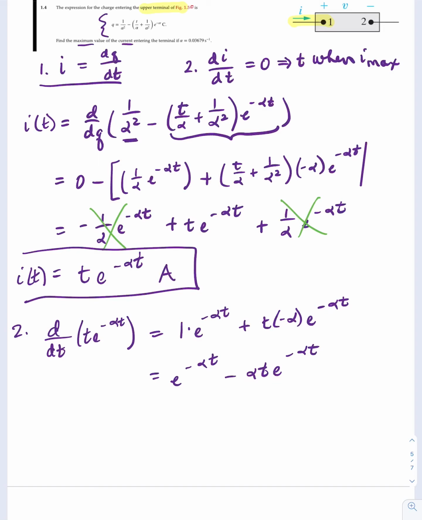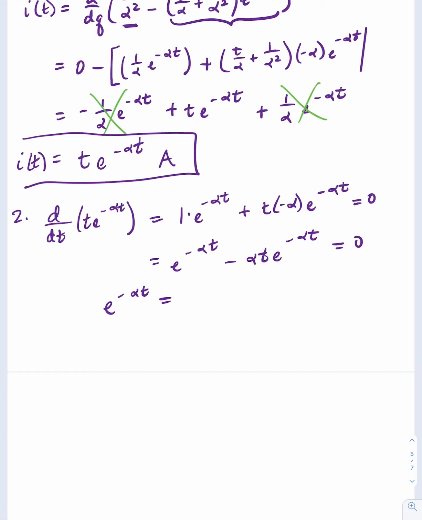We're setting this equal to 0. So e to the minus alpha t is equal to alpha t e to the minus alpha t.